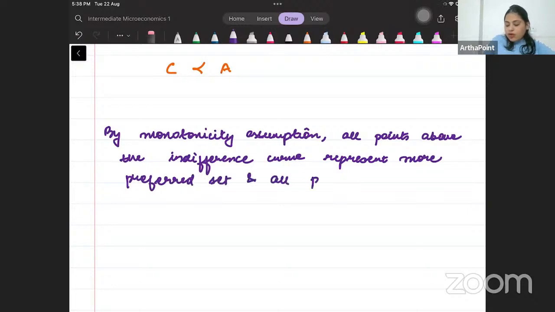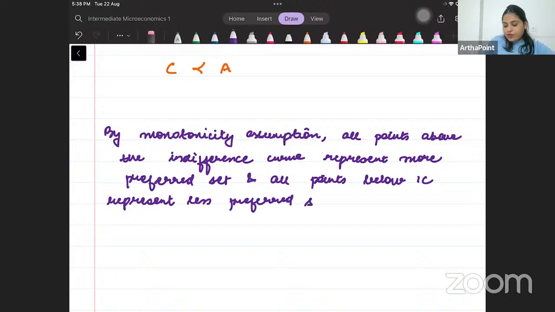And all points below indifference curve represent less preferred set. ठीक है? So जो उससे नीचे है वो less preferred है, जो उसके ऊपर है वो more preferred है.